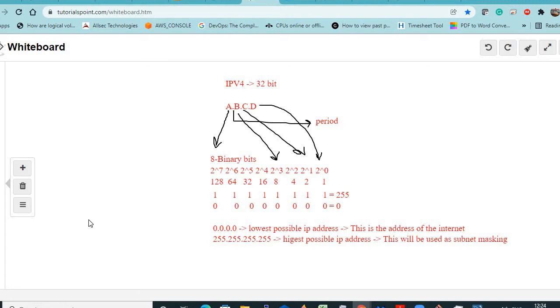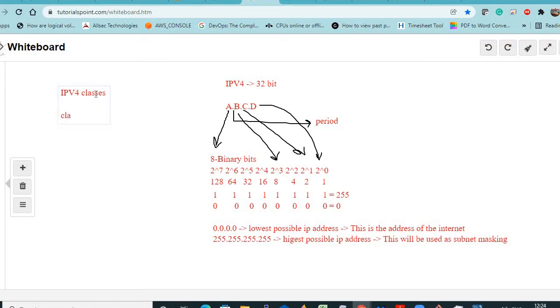Now, after they figured out that we will have 32 bits, they also segregated the IPv4 addresses into several classes. Clear?